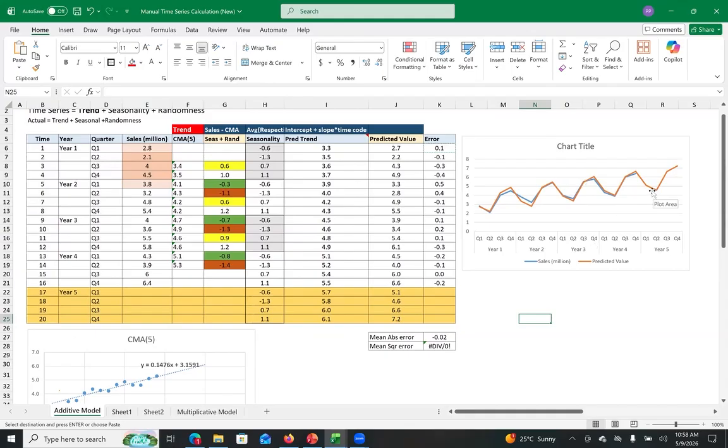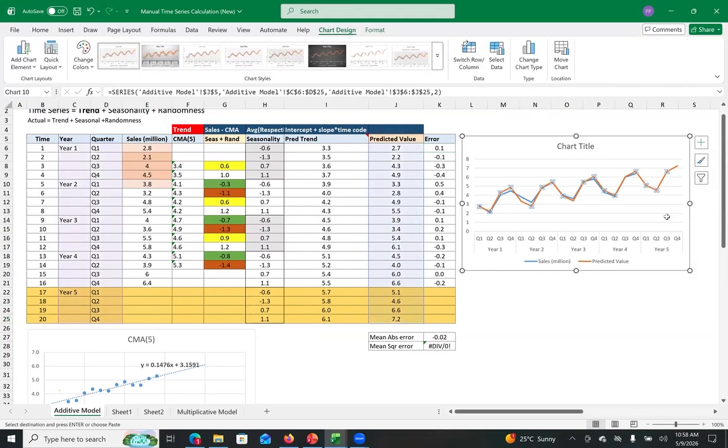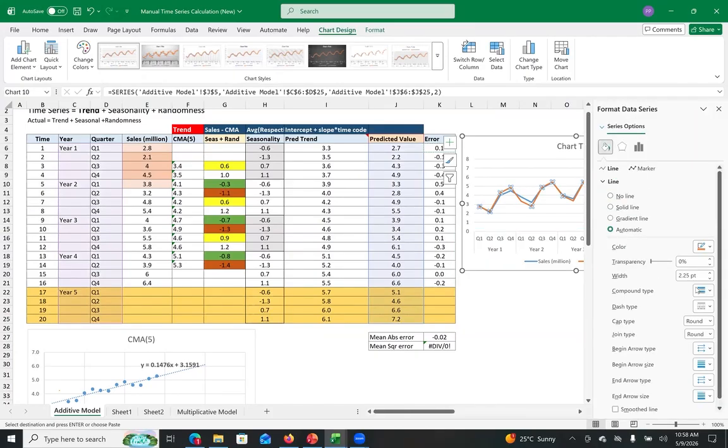So I believe more or less we are doing a decent job, right?